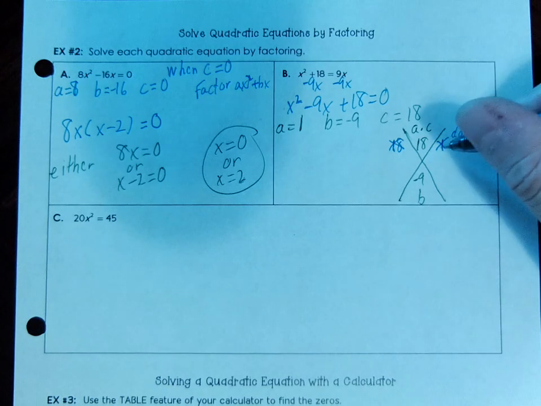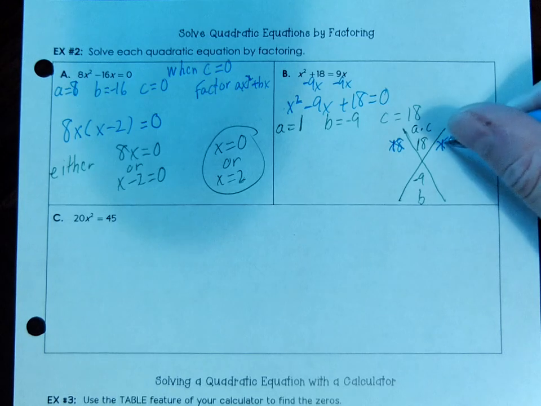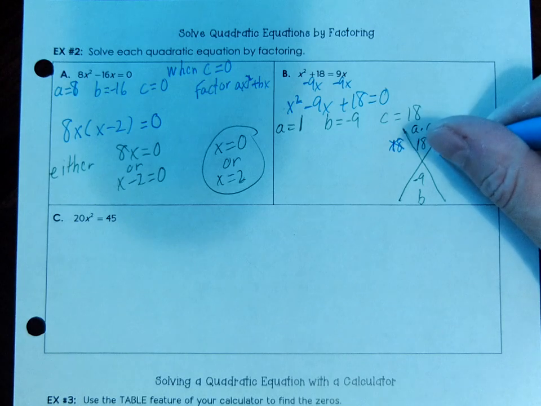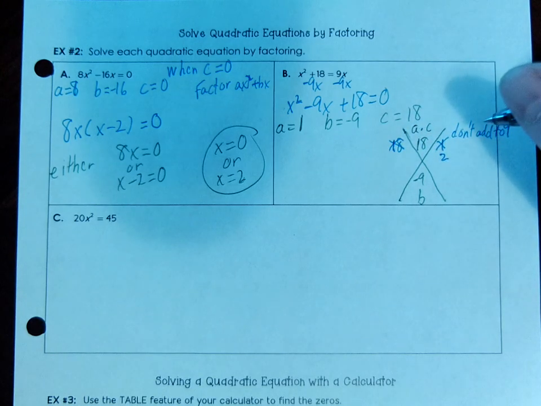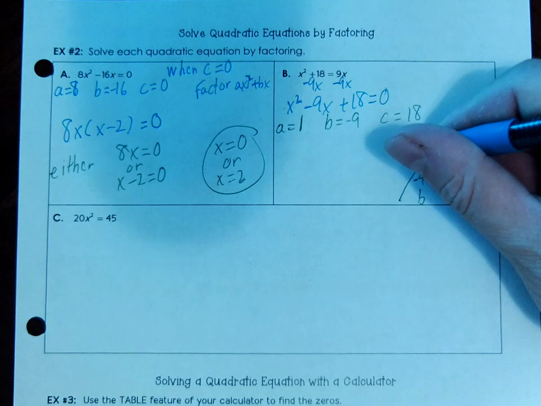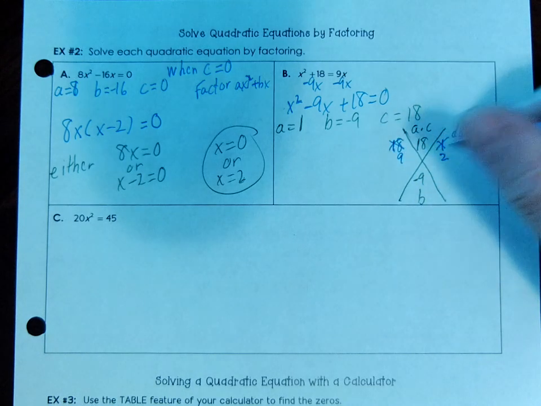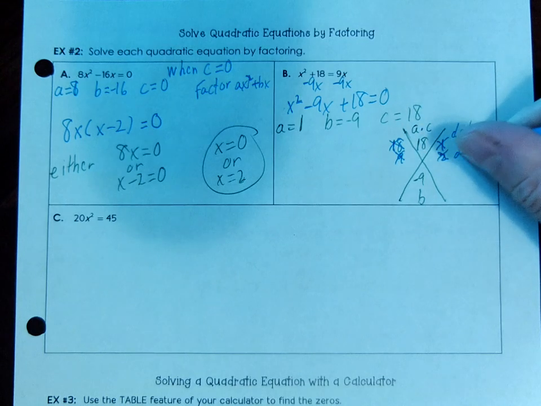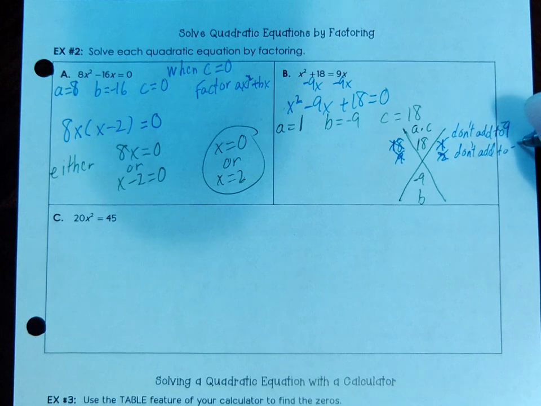So again, the most natural thing to do here is to increase the smaller factor, which is always a 1, by 1. So then ask yourself, does 2 go in? 2 goes into 18 9 times. 2 times 9 is 18. But this, again, does not add to negative 9. This adds to 11.